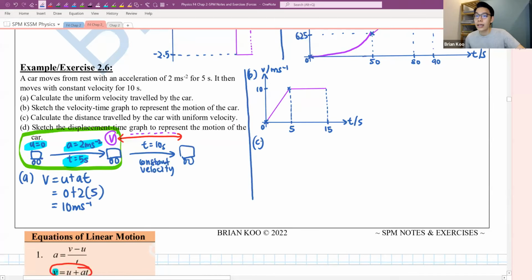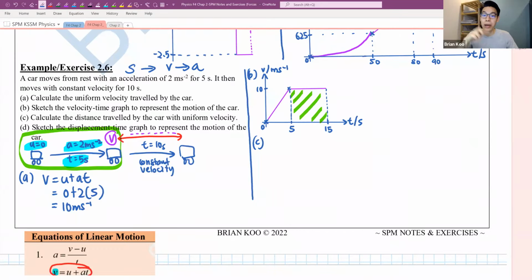Part C, calculate the distance traveled by the car with uniform velocity. During the uniform velocity part, we want to calculate the distance traveled. That would be just the rectangle here. If you have a velocity-time graph and you want to look for the distance, find the area. Remember SVA? Every question will have this one. As I draw the graph, I keep testing my understanding of whether something is a gradient of another thing.